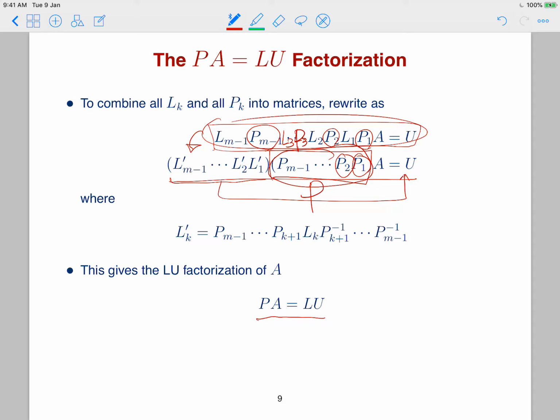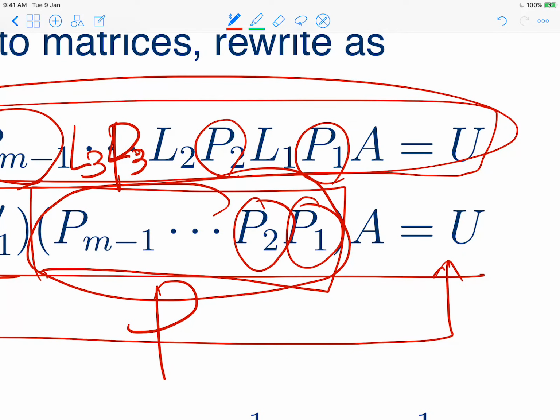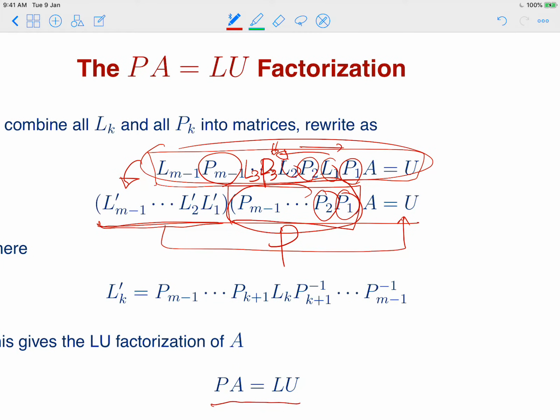Here the main goal is to move all these P's all the way to the right, and move all the L's all the way to the left. Okay, so that way we can obtain the product of L's and the P's, right?